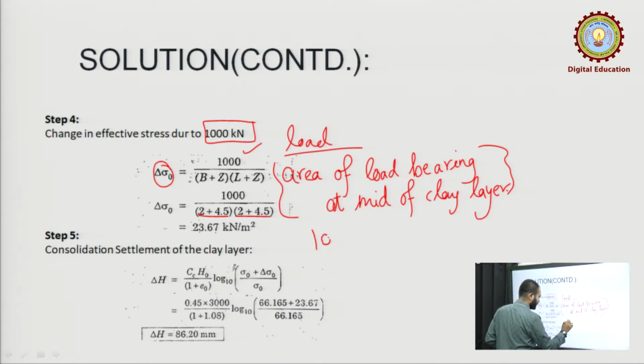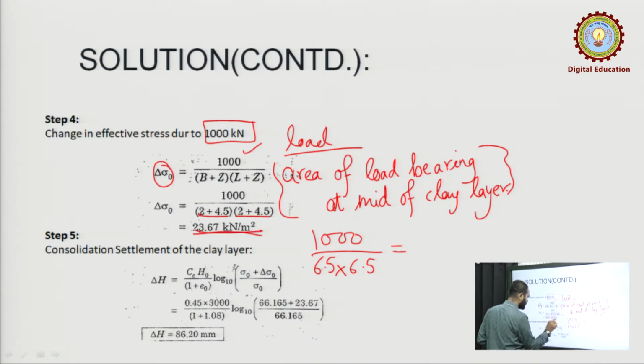So finally we have 1000 upon 6.5 into 6.5, which gives 23.67. So like this we have calculated the extra stress applied to the mid of the clay layer due to the increment of the load, which is 1000 kilonewton. This is the concept here.